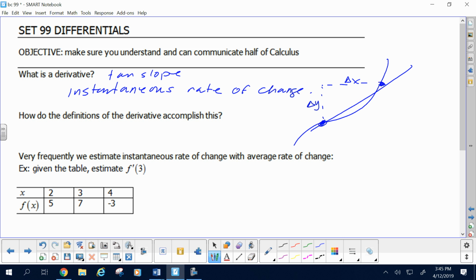And then we try and approach change at a time by moving a point closer and closer and closer along the curve so that the change starts to approach change at a point, maybe this point. When we do that, those deltas become more microscopic dy's and dx's.